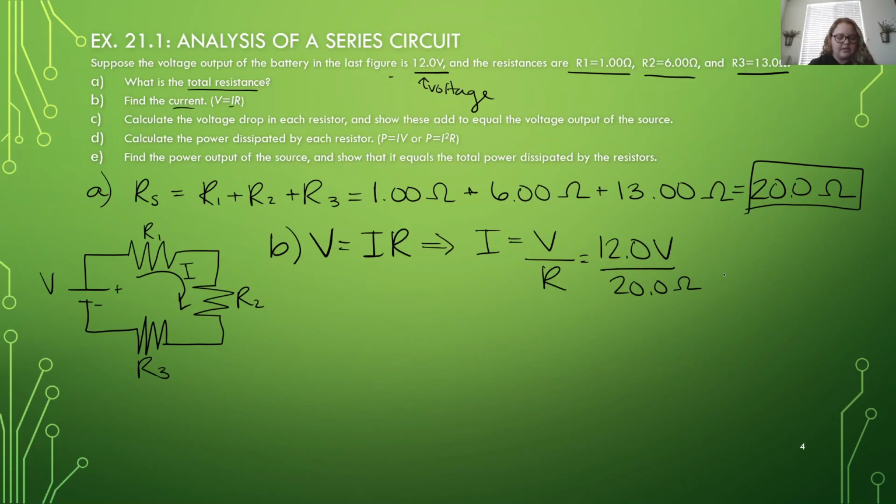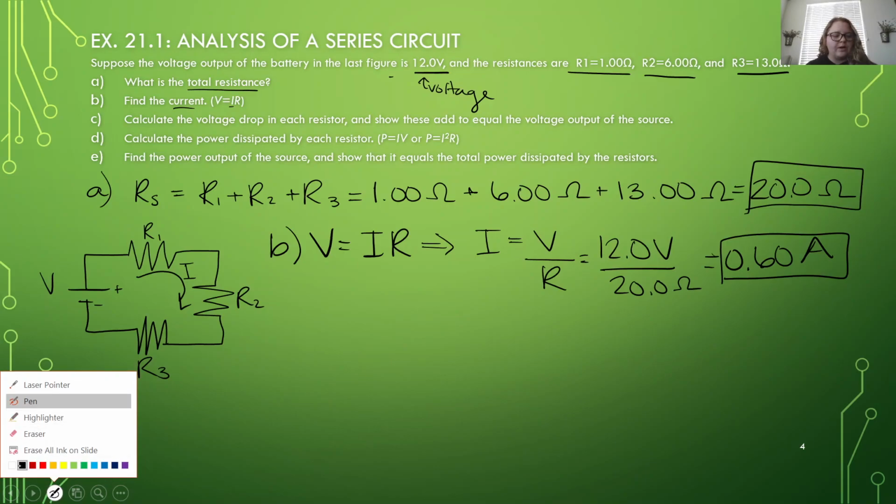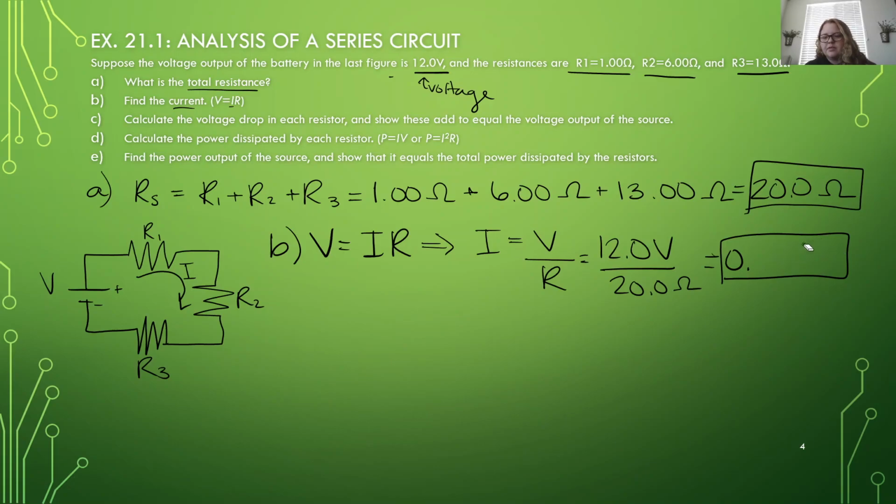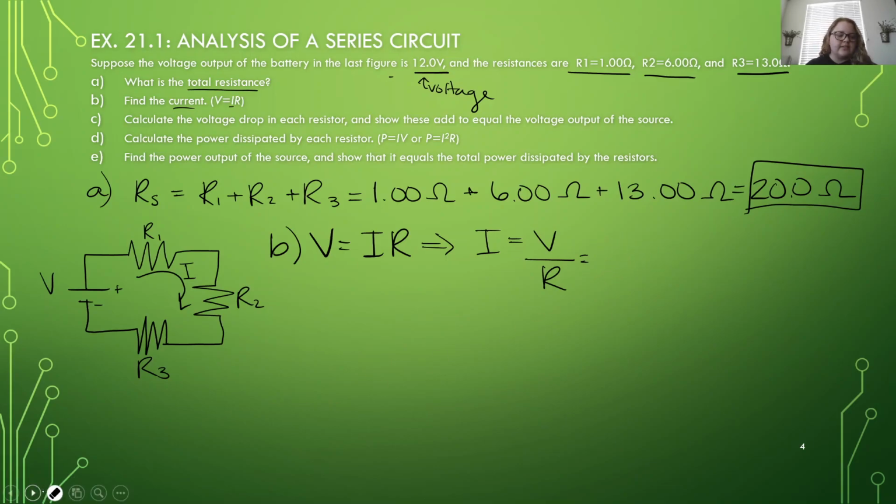Let me see what that would be. Okay, so my current is 0.60, and I know that current is in amperes, so A. I hope you can see that. I should be writing in a white pen. Let me erase that and put it in white, just because I think it's a little easier to read on this darker background.